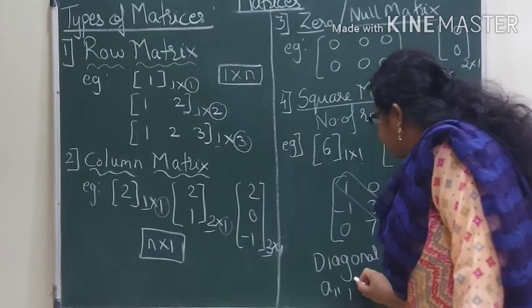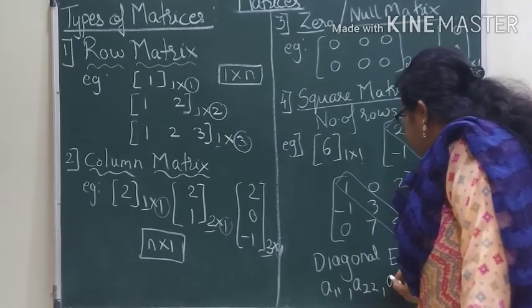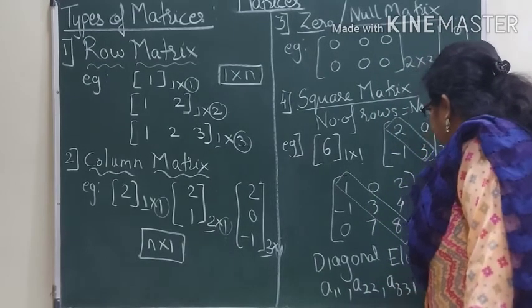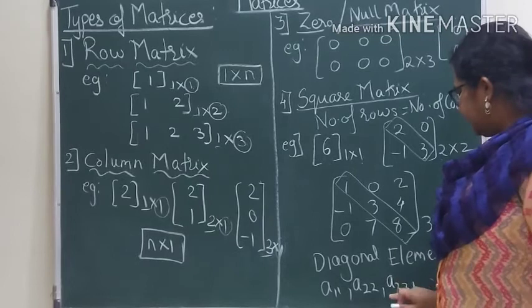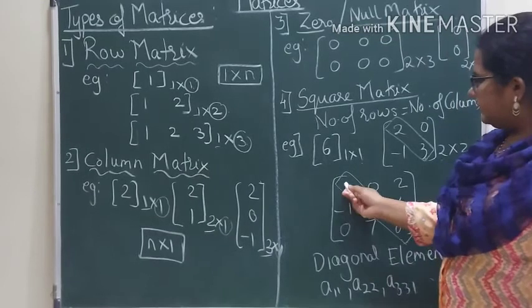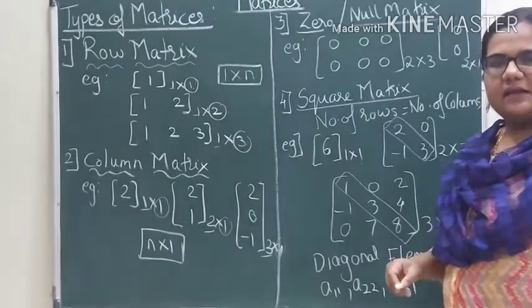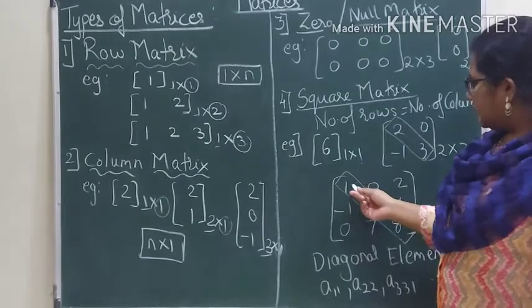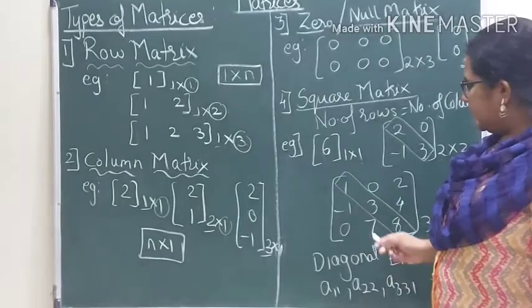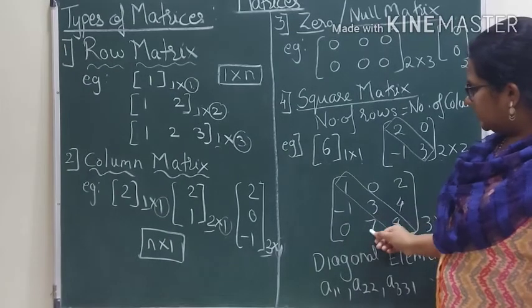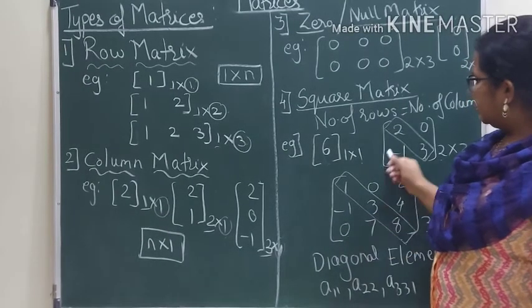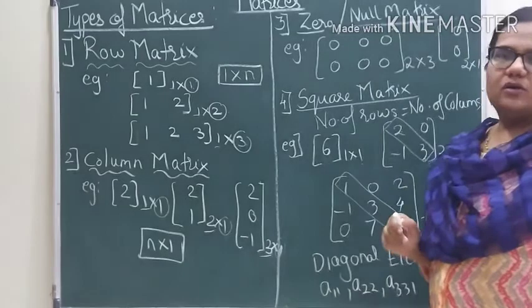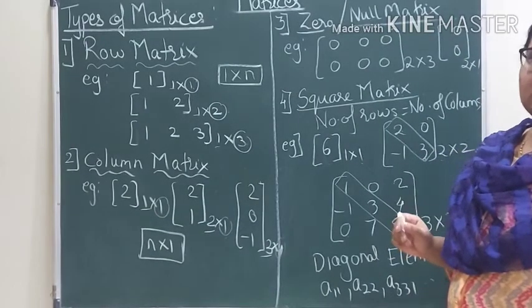A11, A22, A33. These become the diagonal elements. This is A11, this is A22, and this is A33. So these elements are called diagonal elements, and the elements above the diagonal and below the diagonal are called non-diagonal elements.